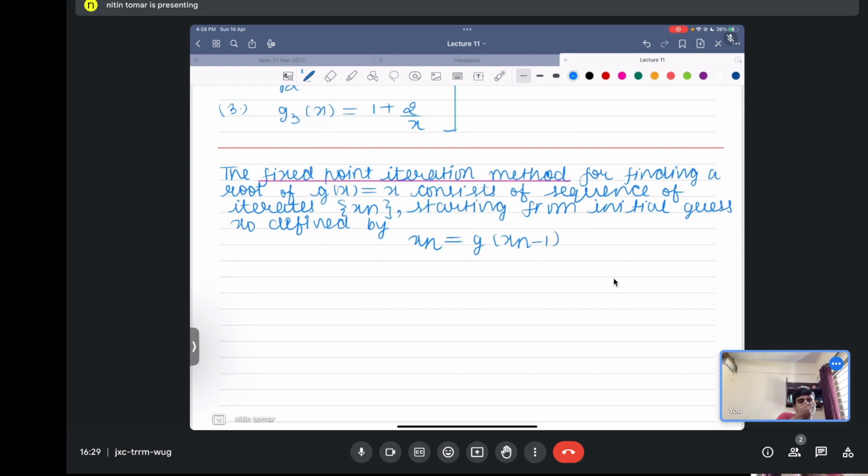So we'll see that the function g is called the iteration function.